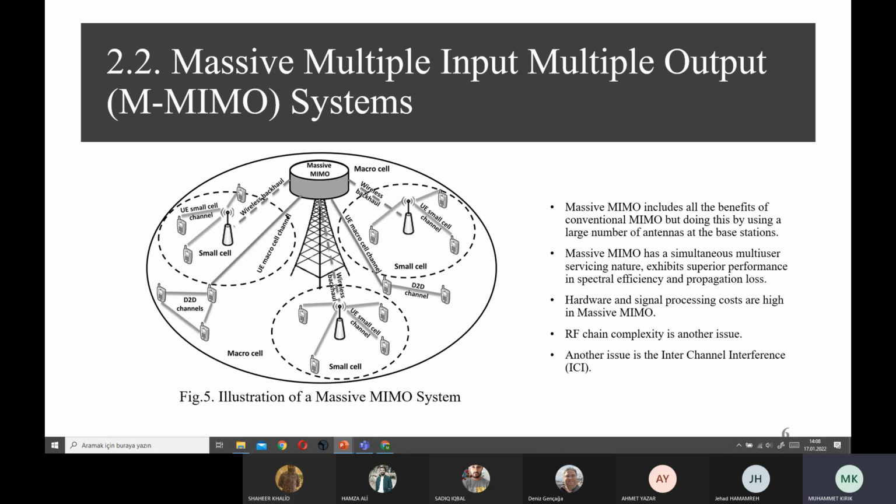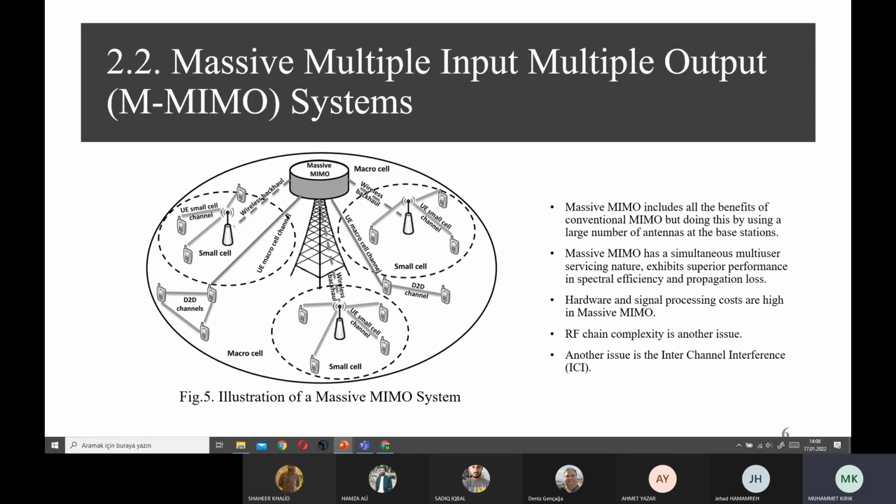But with all these advantages, we obviously have some disadvantages as well. For example, the first one is the hardware and signal processing costs. We said we have 400, 500 antennas in massive MIMO systems, and by deploying all of these antennas, we are basically spending money on the hardware. We are also facing a problem that has to be solved, which is the signal processing and engineering.